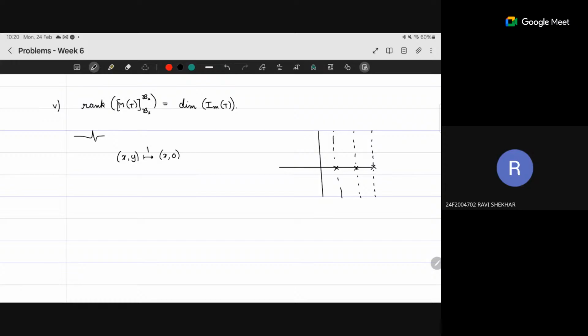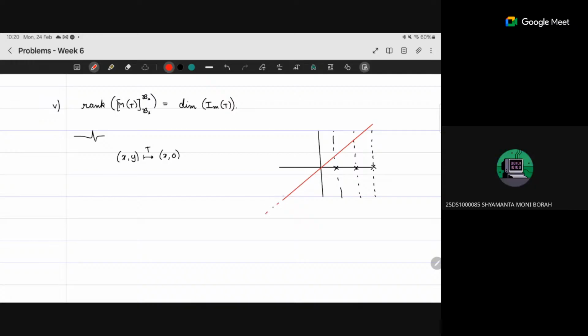So under this transformation, what happens to an arbitrary straight line? What is the image of a straight line through the origin? Suppose I take some straight line through the origin, something like this. What is its image?